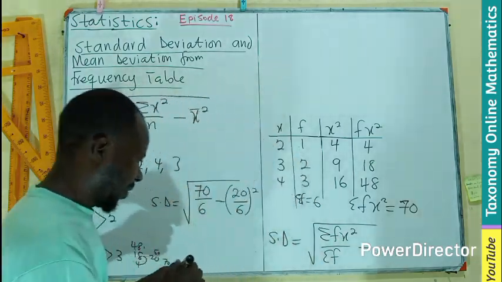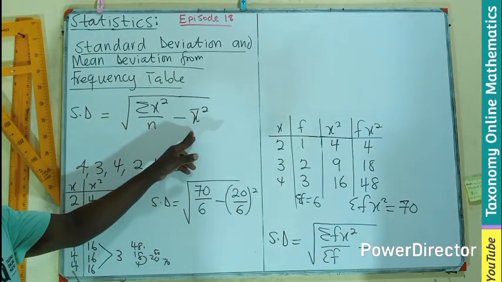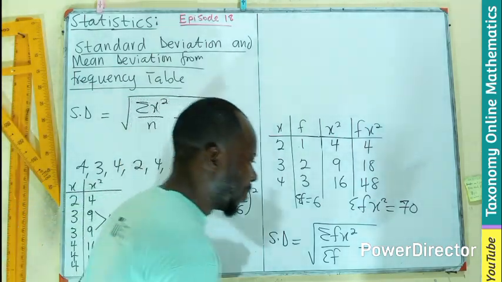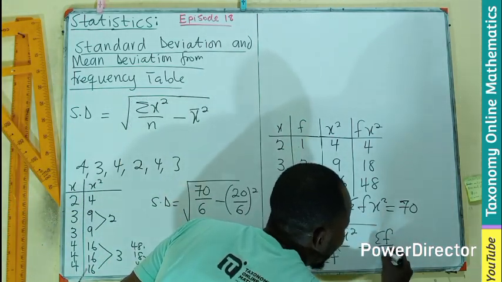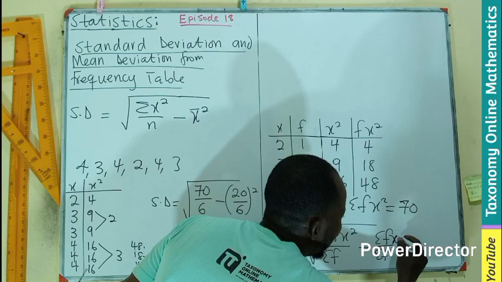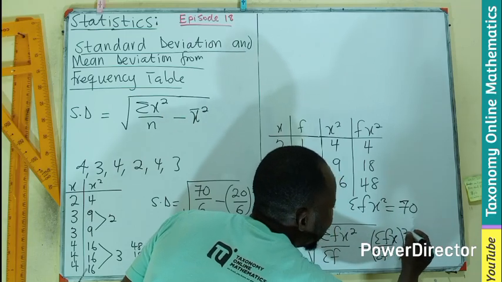Then minus the mean, which we also learned in the previous episode to be sigma fx over sigma f, all squared.